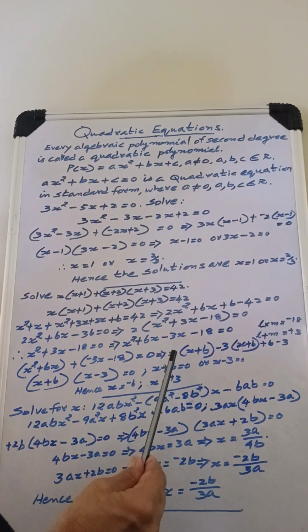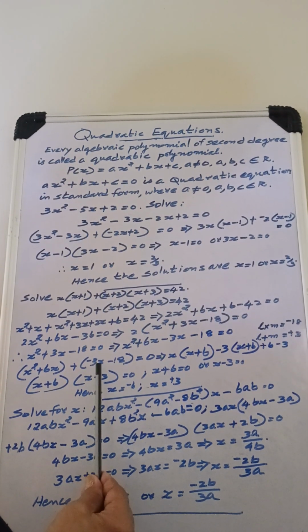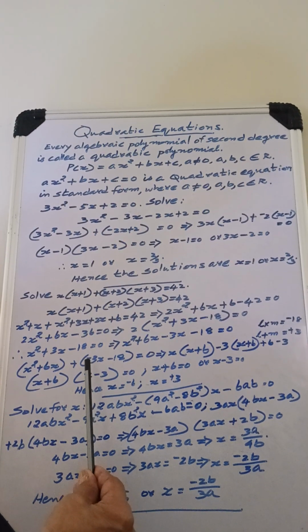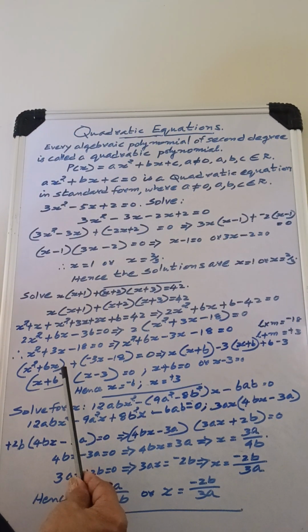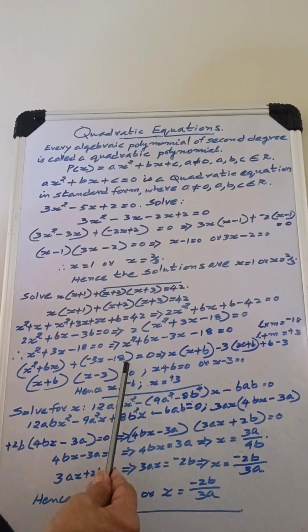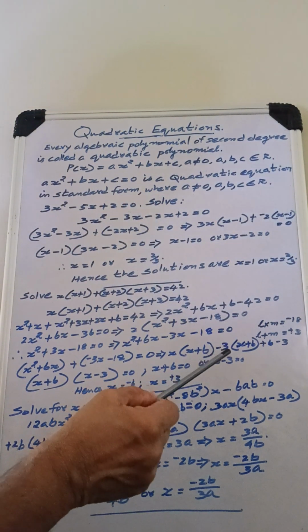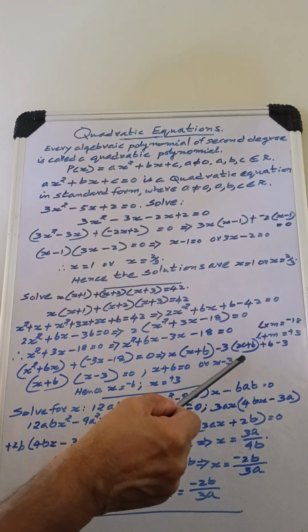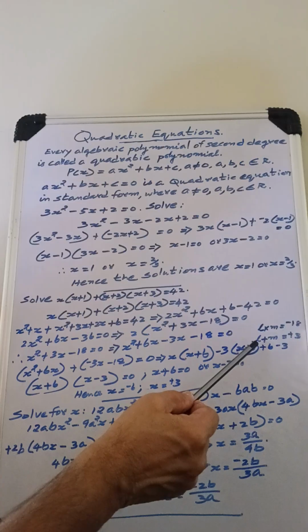Check whether there is any number that, when taken out from here, leaves x plus 6. If you take minus 3 outside, it becomes minus 3 into x plus 6. Is it not? Therefore, I am taking minus 3 outside, and again x plus 6 is repeated here.